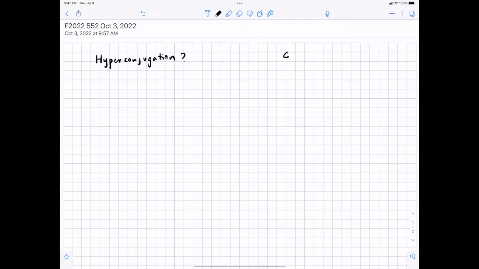Well, you remember that conjugation is what? Alternating double bonds, resonance delocalization, those three double bonds are conjugated. That lone pair is conjugated with that double bond, and so on. It means resonance structures.